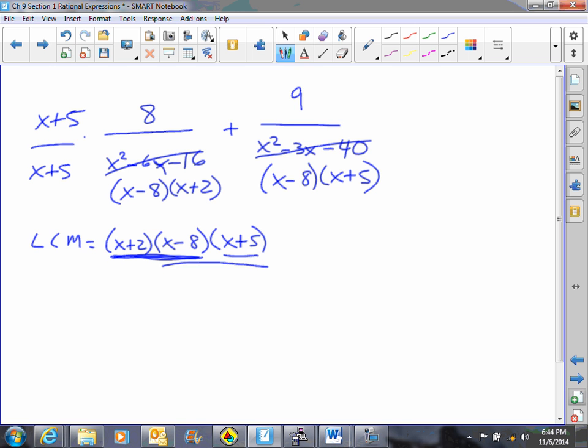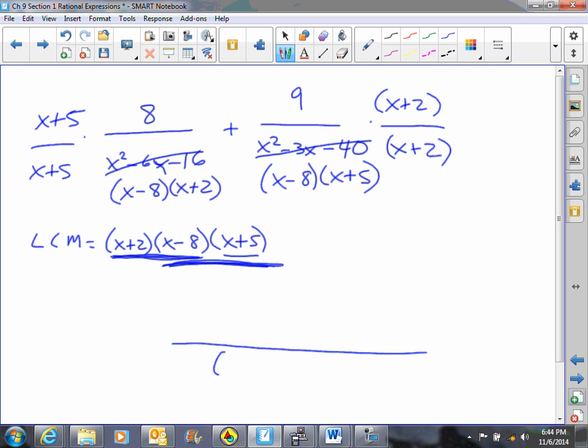And here's the second denominator right here. And so we can see it needs to be multiplied by x plus 2. So we'll multiply by x plus 2 over x plus 2. Now, we get then a fraction whose denominator is the lowest common denominator, x plus 2, x minus 8, x plus 5. Now the numerator becomes 8x plus 40 plus 9x plus 18.